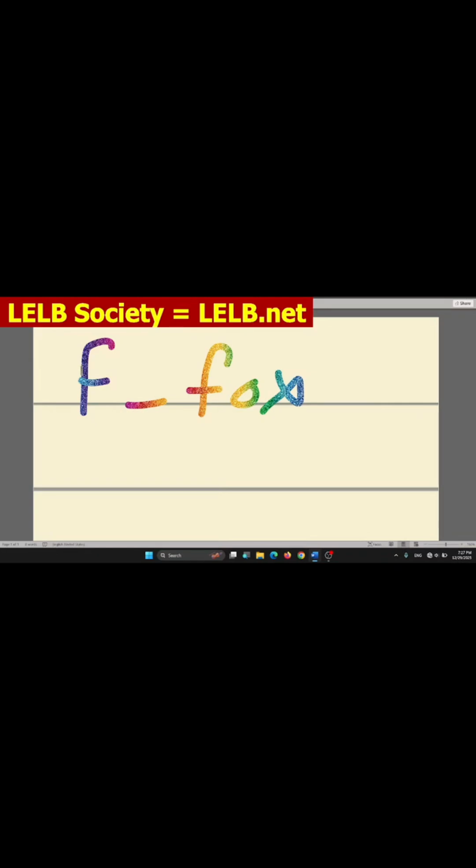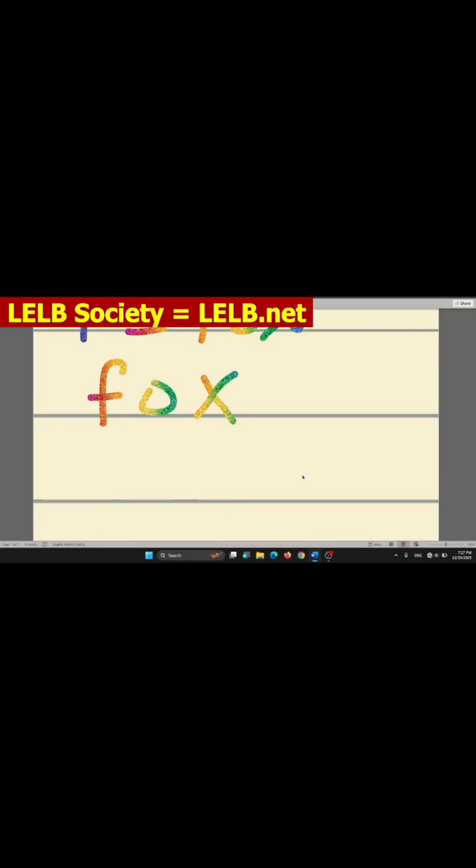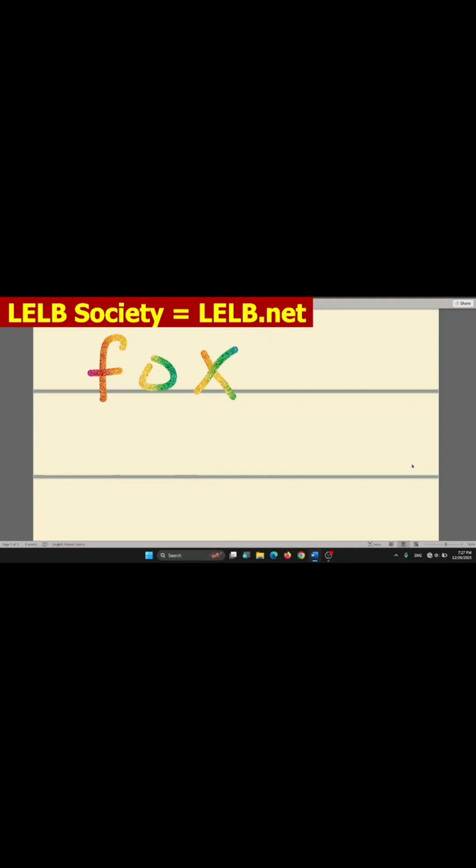Okay, fox, or let me just write it better for children. This is X. You have not learned it, and also O. F-O-X. But don't worry, we will learn all the English alphabet with Beta and all of us.